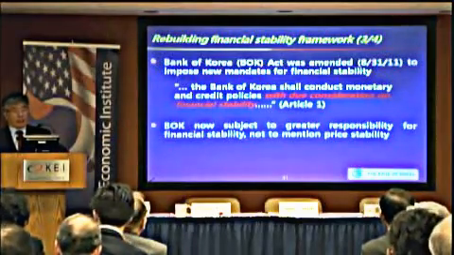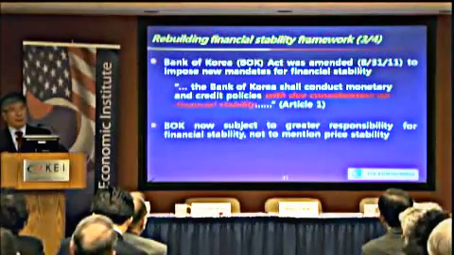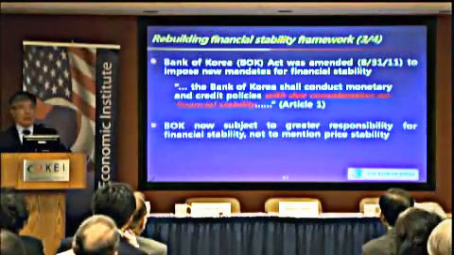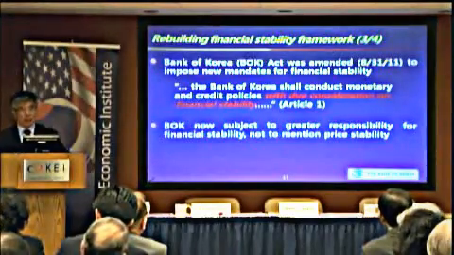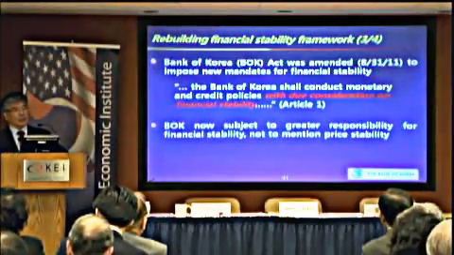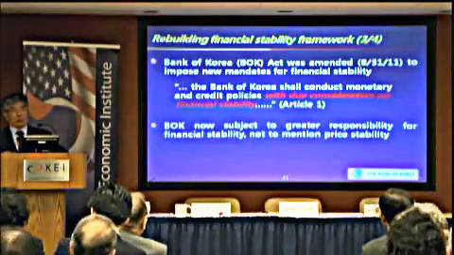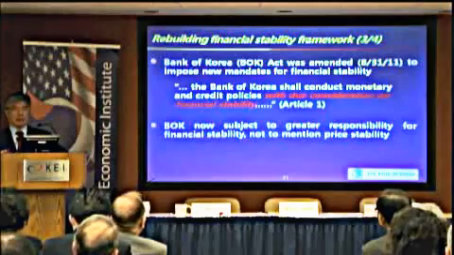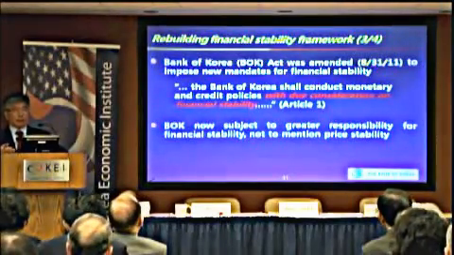And recently, the Act of the Bank of Korea was amended. Unlike most other countries, Korea, like Japan and just one or two other countries, had a single mandate. The single mandate was to maintain price stability. But this time, the act was amended so that the bank was given one more mandate.